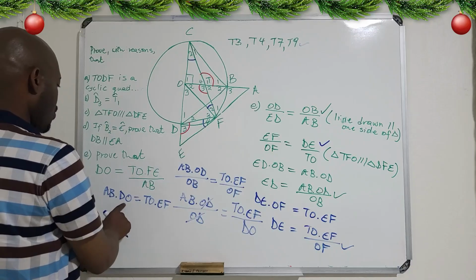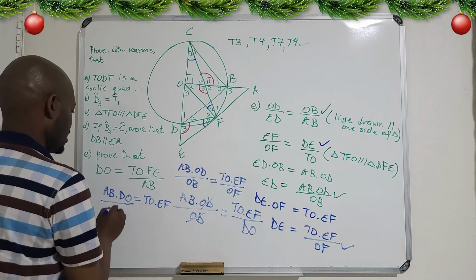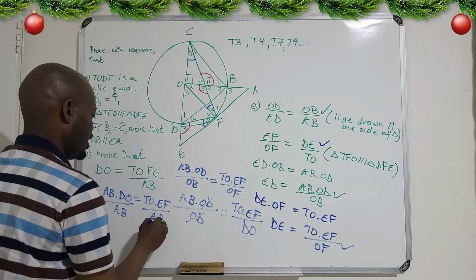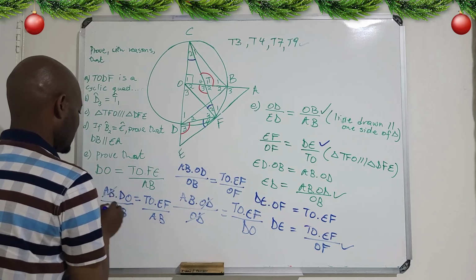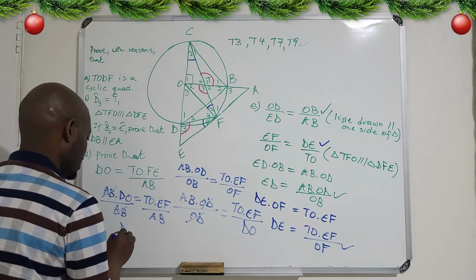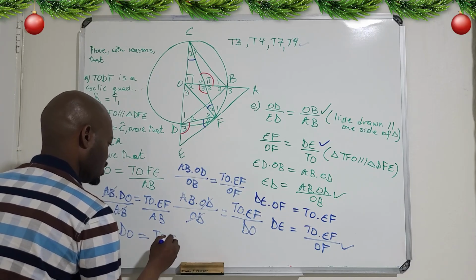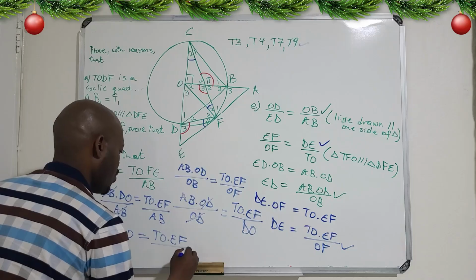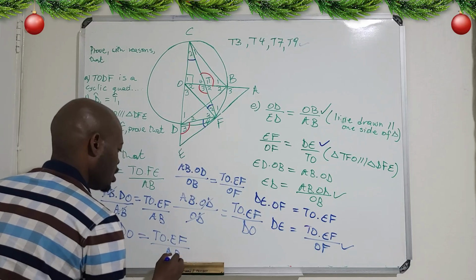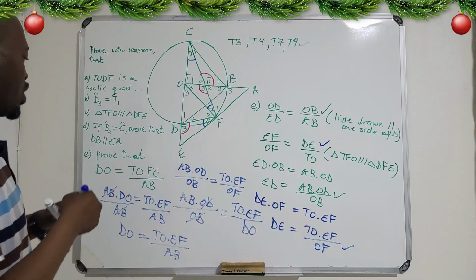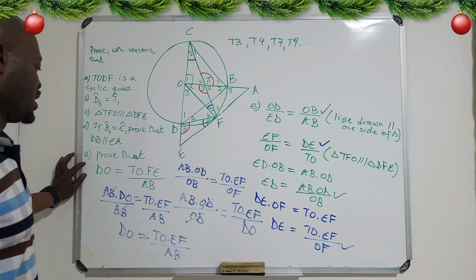I want DO, so I divide by AB. Obviously, this cancels with that. DO is equal to TO times EF over AB, which is what we were looking for in number E.